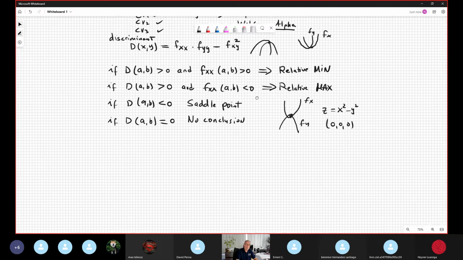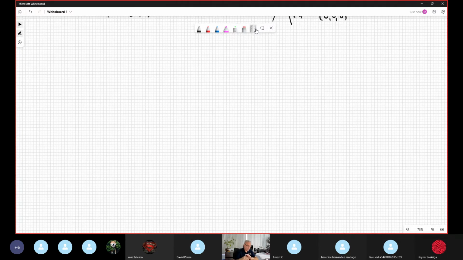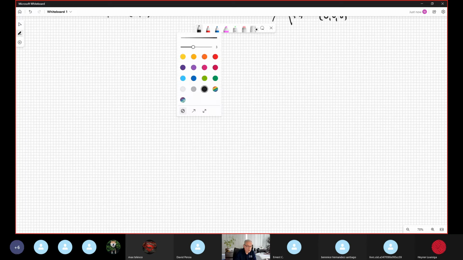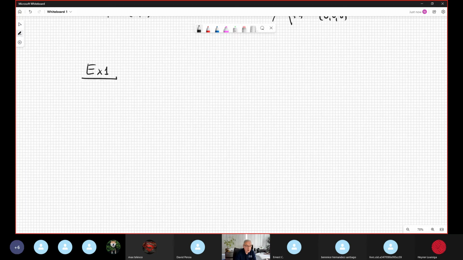Example of max and min without constraint. Suppose the function f of x comma y is equal to x squared plus 5y squared plus x squared y plus 2 times y cubed.